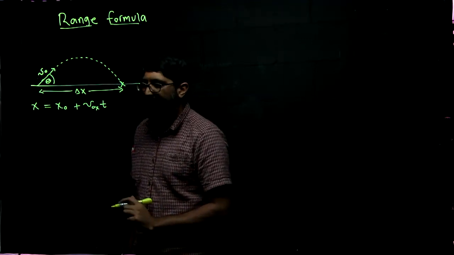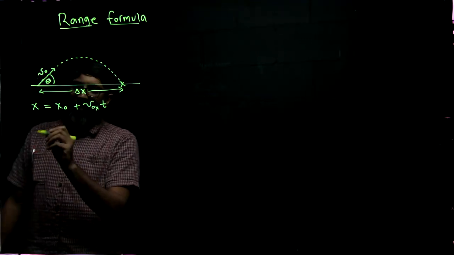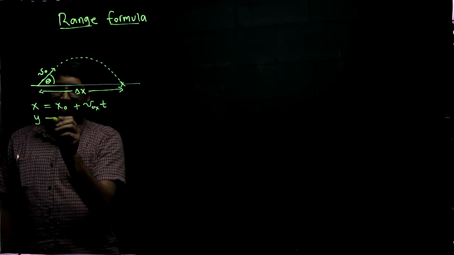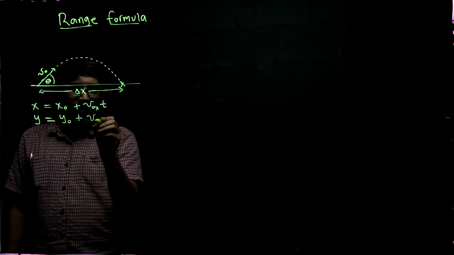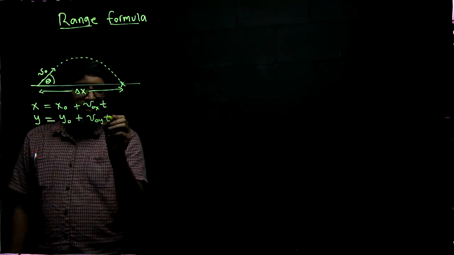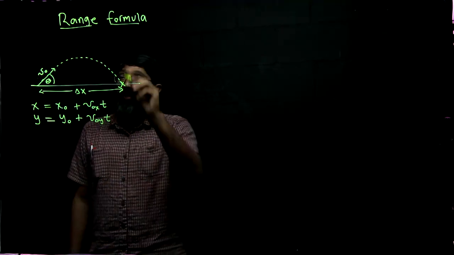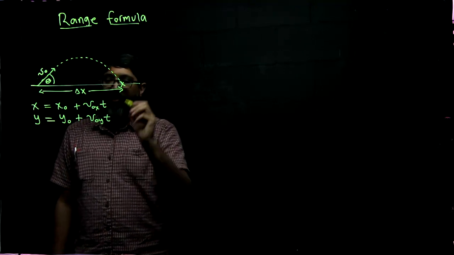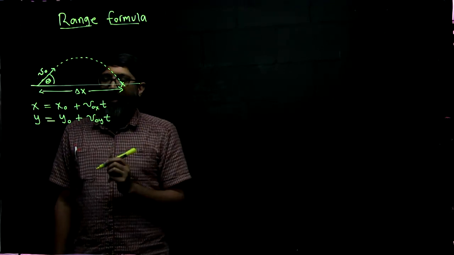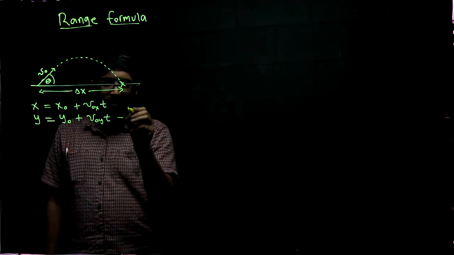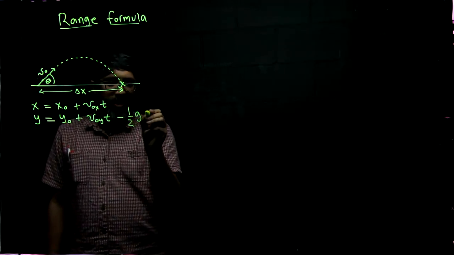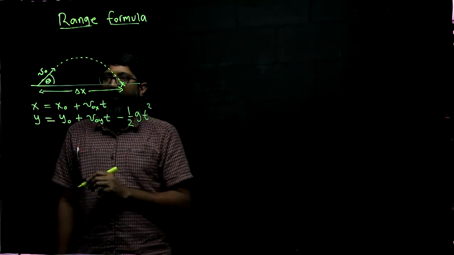Then we've got the y position: y is y0 plus v0y times t. There is acceleration in the vertical direction due to gravity. It points down and has magnitude g, so we have a minus 1/2 g t squared term.